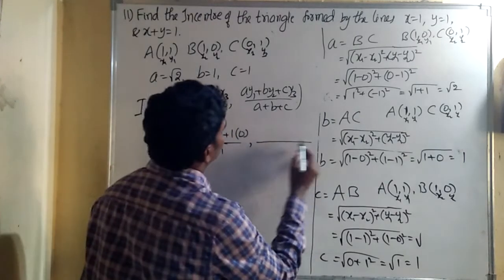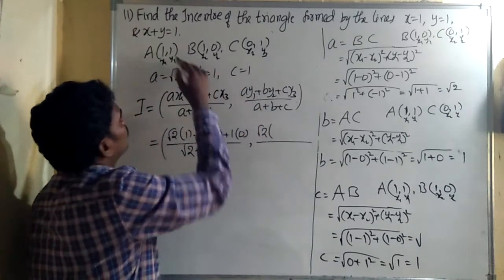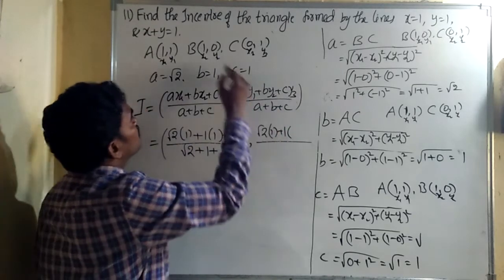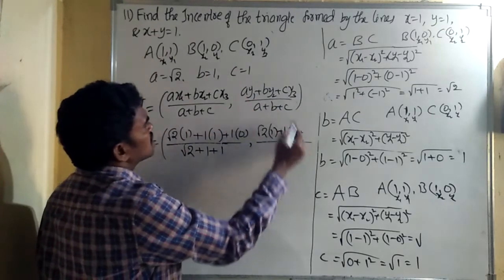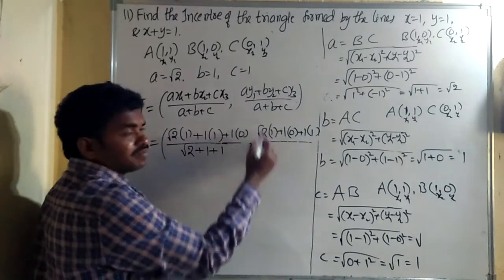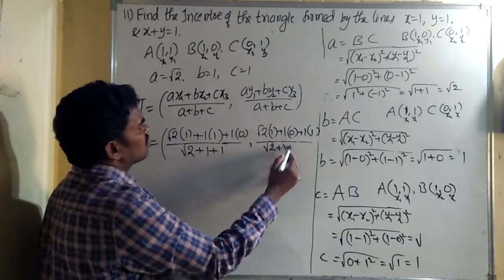Next similarly, a means root 2 into y1 means 1, plus b means 1 into y2 means 0, plus c means 1, y3 means 1, by a plus b plus c. That's why root 2 plus 1 plus 1.